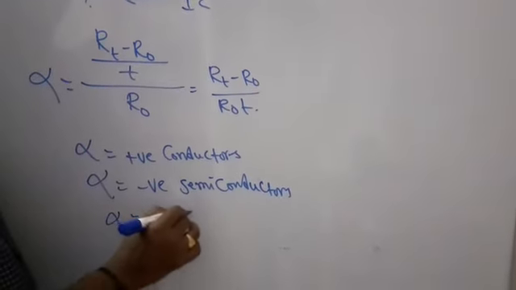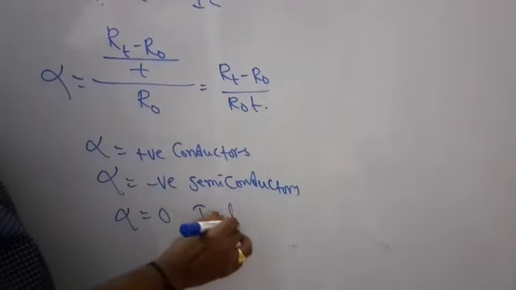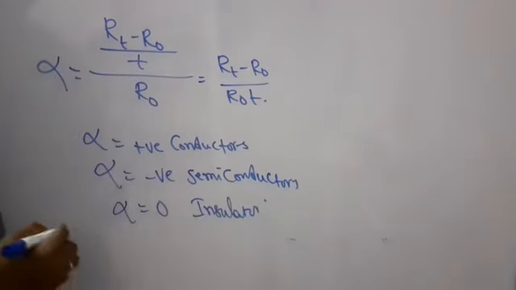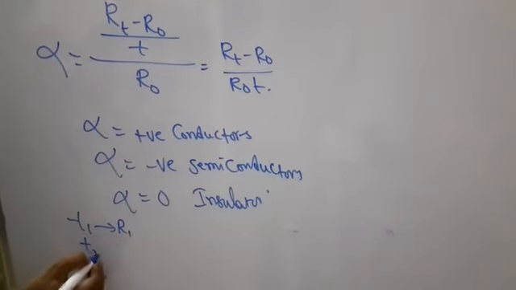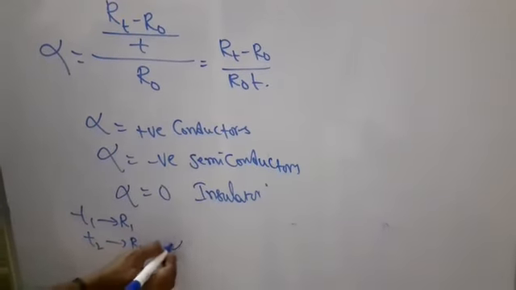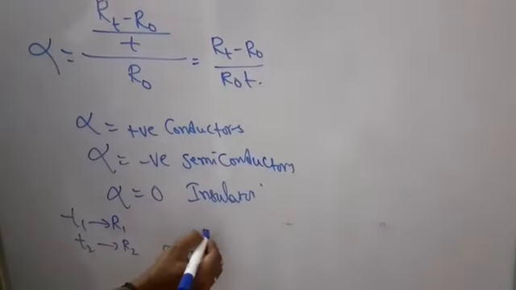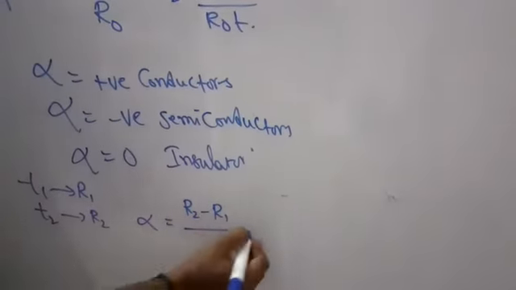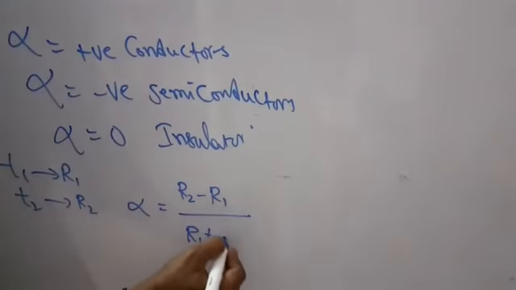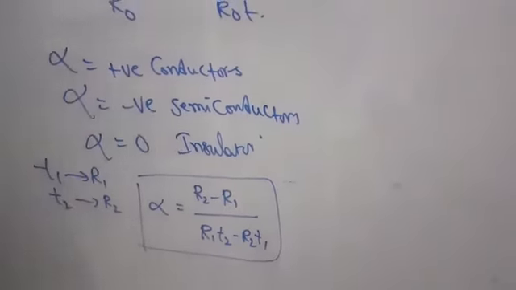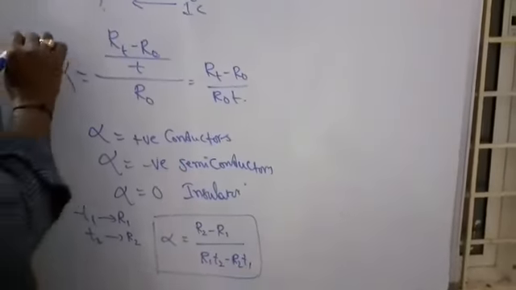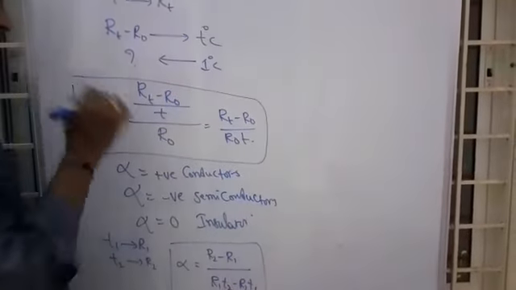Alpha is 0 for insulators. Next, for example, at T1 degree centigrade resistance is R1 and at T2 degree centigrade resistance is R2. Then the alpha formula is R2 minus R1 divided by R1 T2 minus R2 T1. This formula is applicable between T1 and T2 degree centigrade.